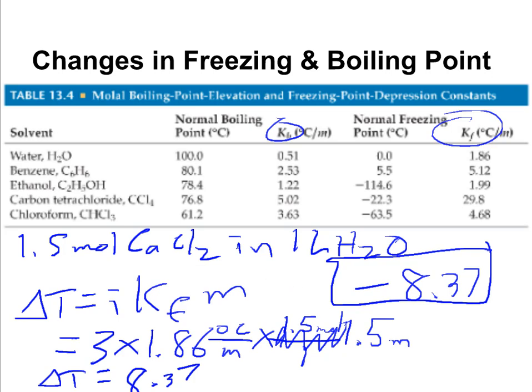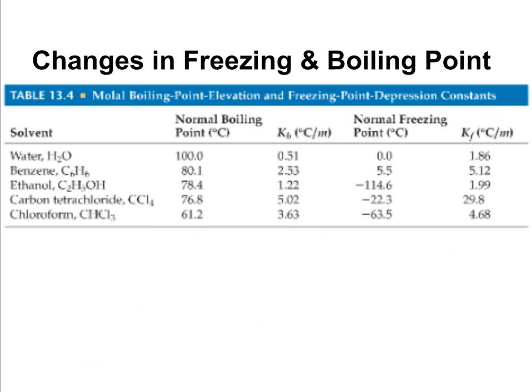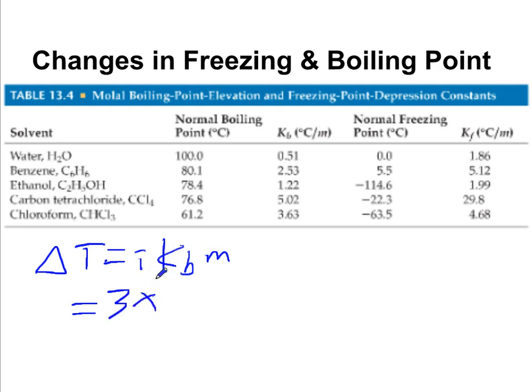Now let's look at that with the boiling point elevation. Same equation, almost. Delta T equals i Kb, because we're looking at boiling, times molality. Our van 't Hoff factor is going to stay the same, because calcium chloride dissociates into 3 ions. We take a new value for Kb, it's 0.51 degrees Celsius divided by molality.